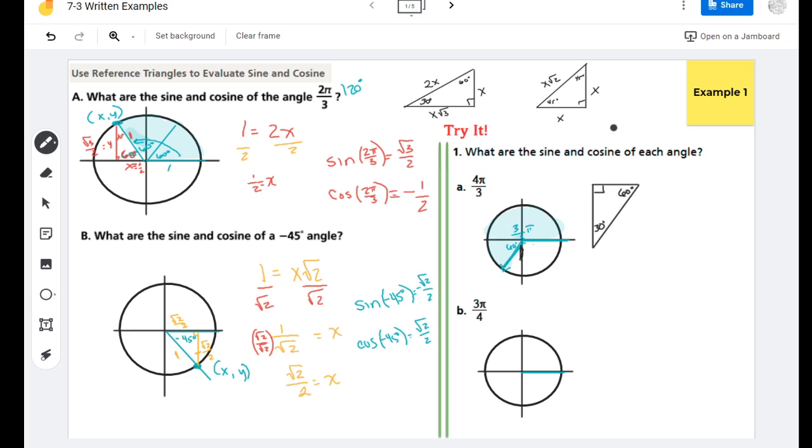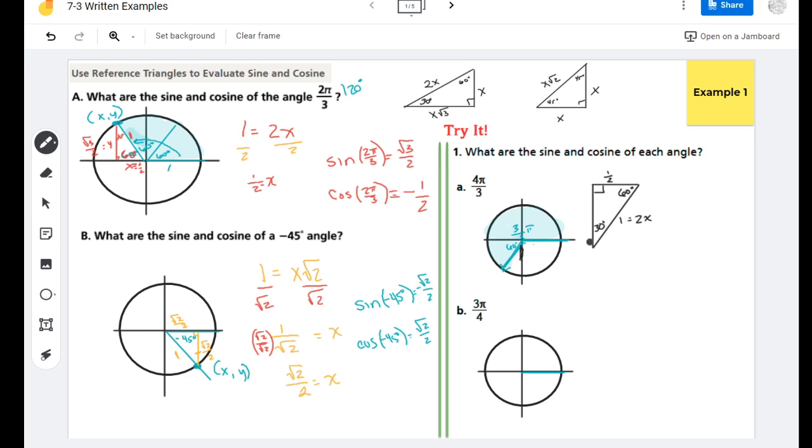Here's our 90. So I know that this hypotenuse is 1. But if I'm using a 30, 60, 90, I know that that 1 is equal to 2 times the short leg. So my short leg here, which I happen to call x, is equal to 1/2 units.